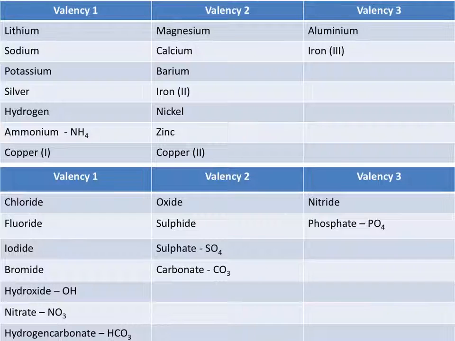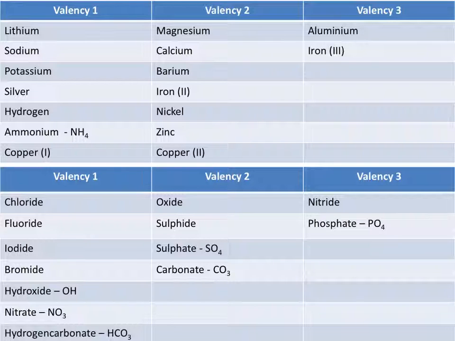So, here is a valency table, and what I've done is I've split the substances that we could be looking at into two. On the top, we've got substances which are mainly metals, and on the bottom, we've got things that are non-metals.